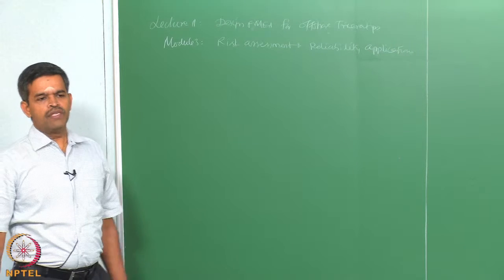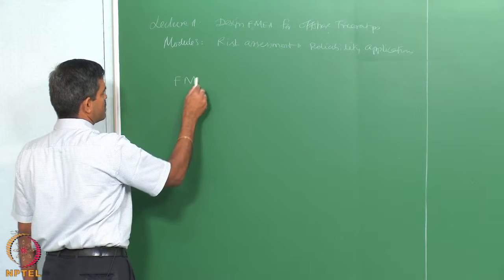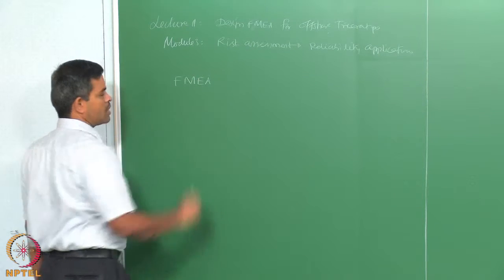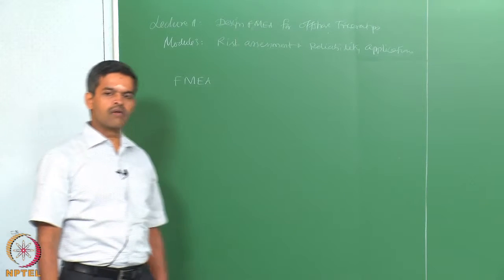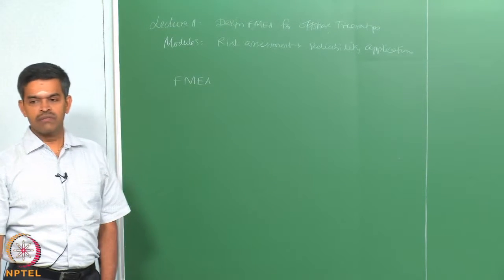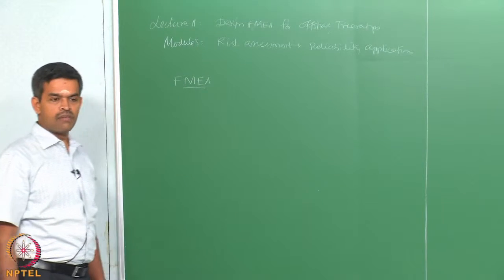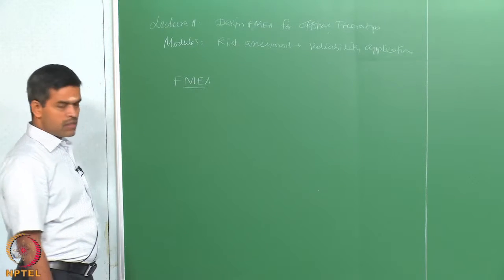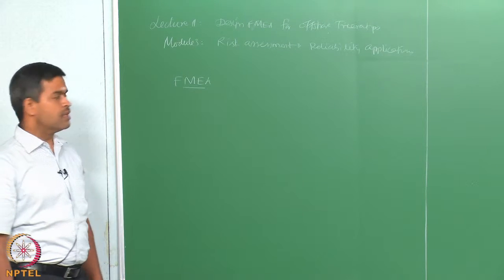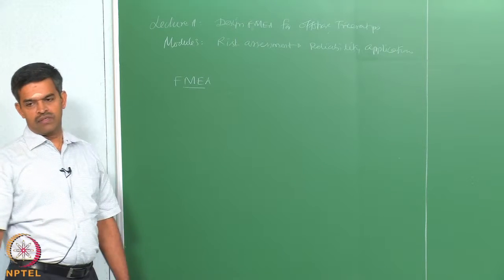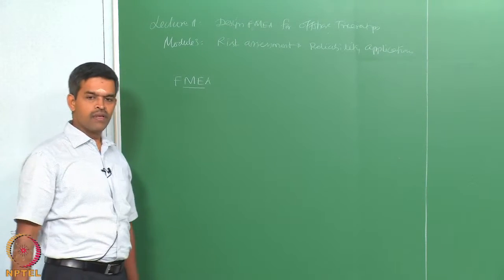If you recollect what we discussed in the last lecture, there are many advantages of using FMEA for mechanical, electrical, electronic and structural systems, because this is one method of risk analysis which can tell me the causes of various modes of failure and the effects of those failures on the overall performance of the system.